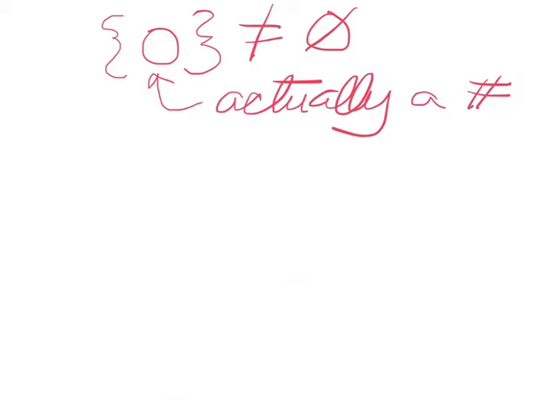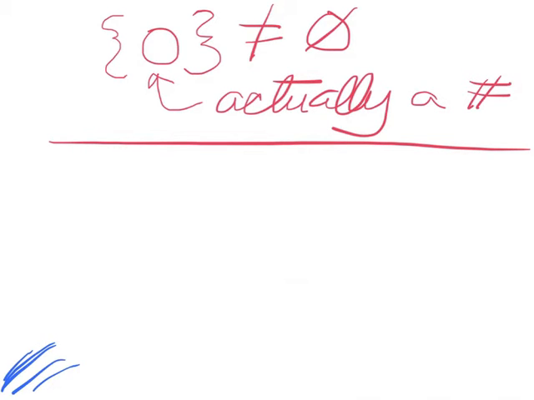So the next topic for our lesson is the topic of the symbols is an element of and is not an element of. So what we do is we use these when we're asking if elements are actually part of a set.